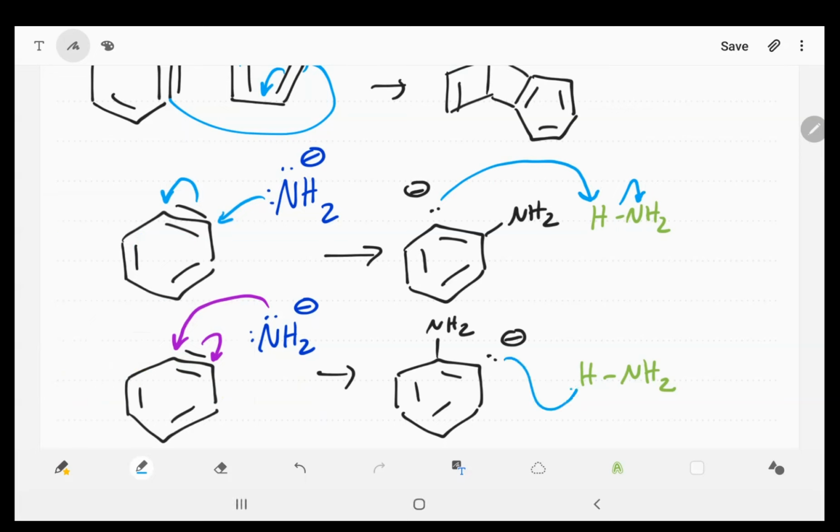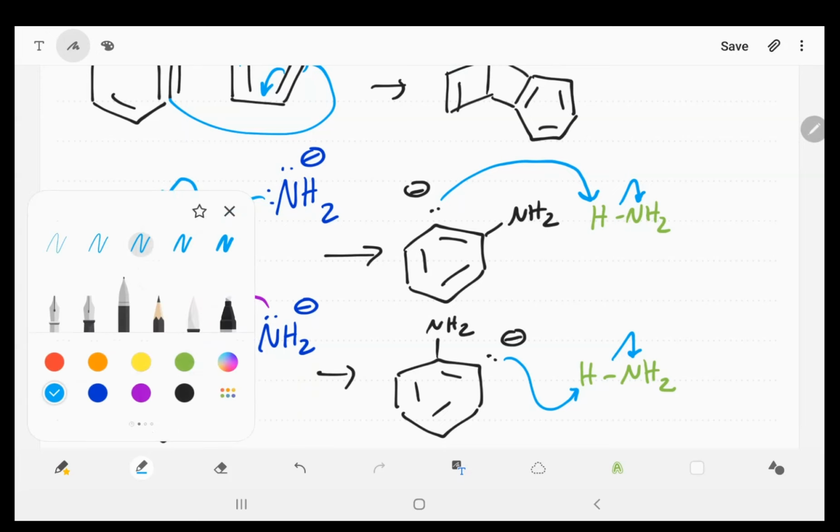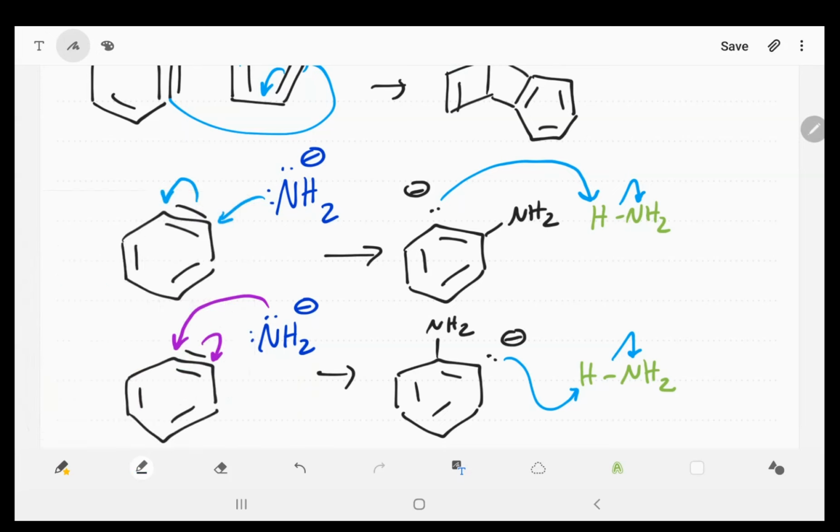Same thing here. We end up making some more amide, so we still need one equivalent of the amide ion in here for this reaction, but typically you'll use ammonia as your solvent anyway. You'll use the conjugate acid, and you'll end up with your product.